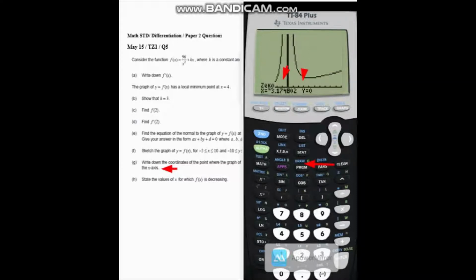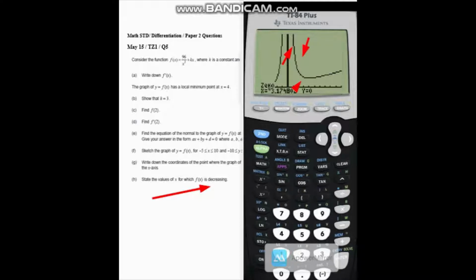Next, I want to state the values for which f of x is decreasing. So f of x is decreasing in this part of the curve right there. This begins at x equals 0 but not including x equals 0, and it ends at the minimum point. So from x equals 0 to the minimum point.